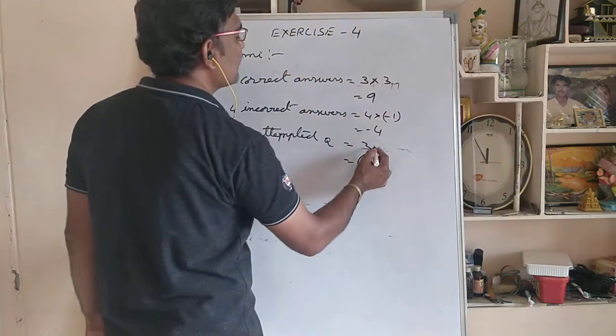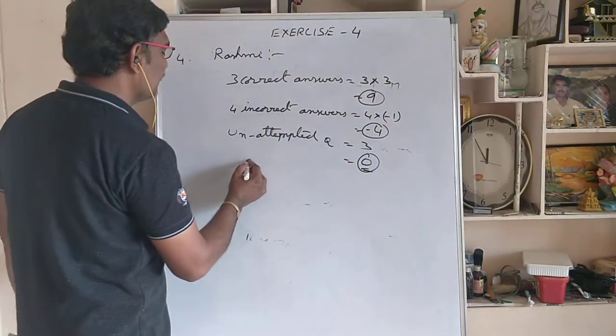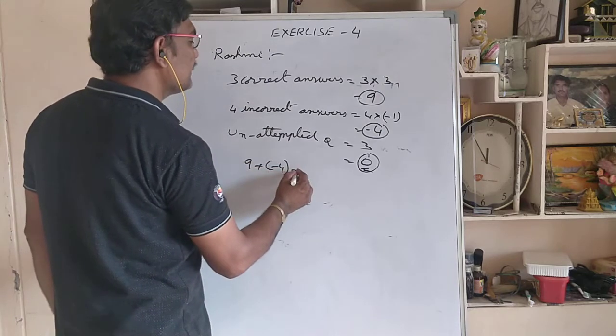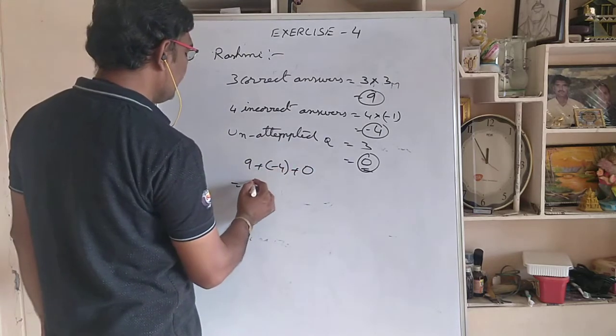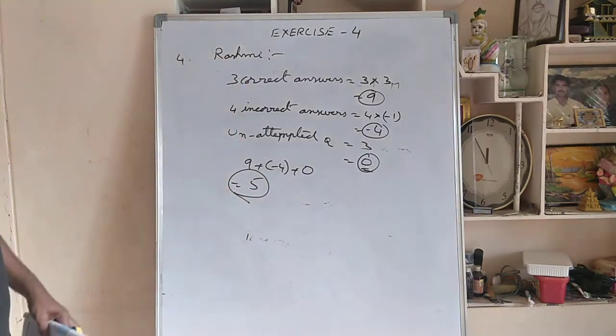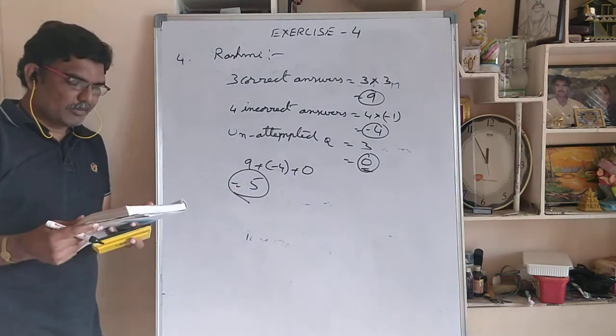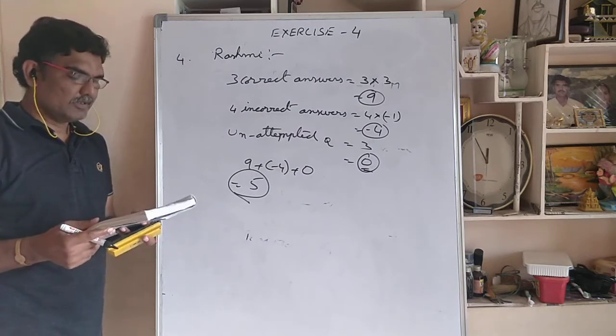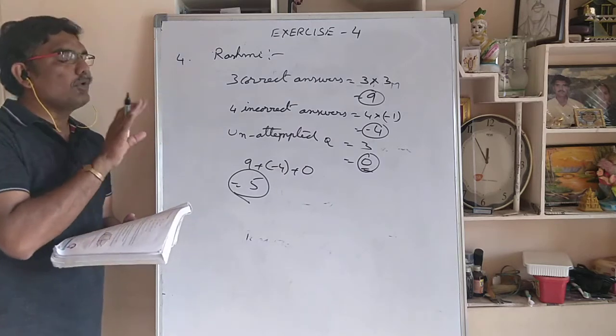So, if you add 9 plus minus 4 plus 0, 9 minus 4 is 5. So, how many marks did Rashmi gain in that examination? 5 marks. So, you have to do the problem like this.